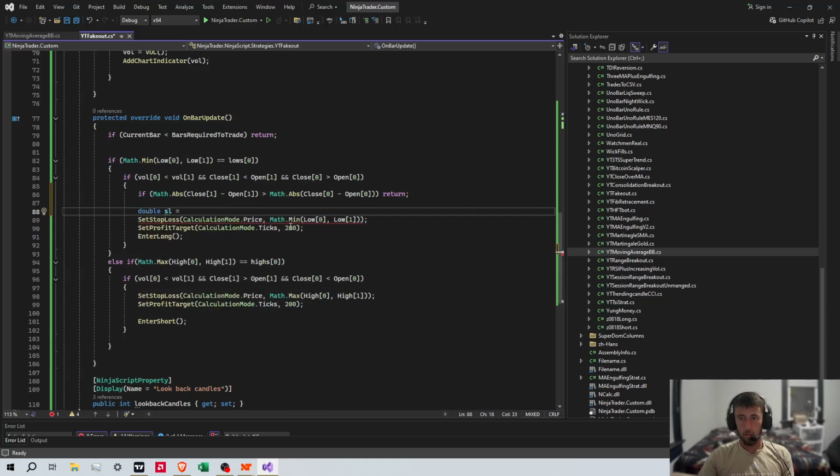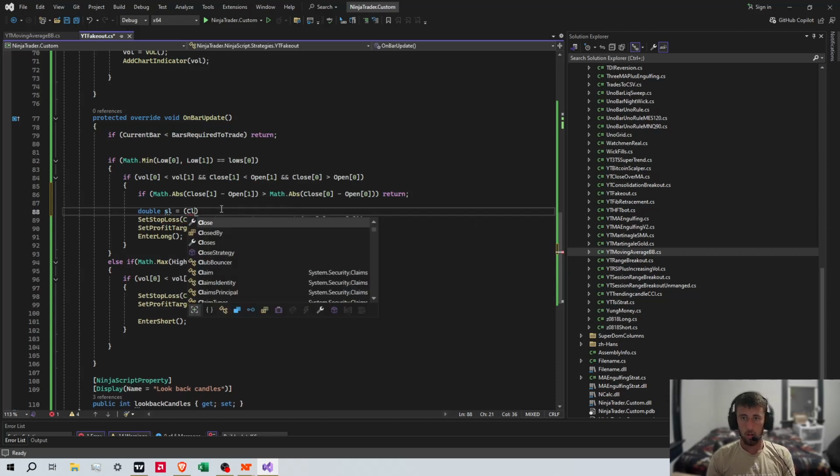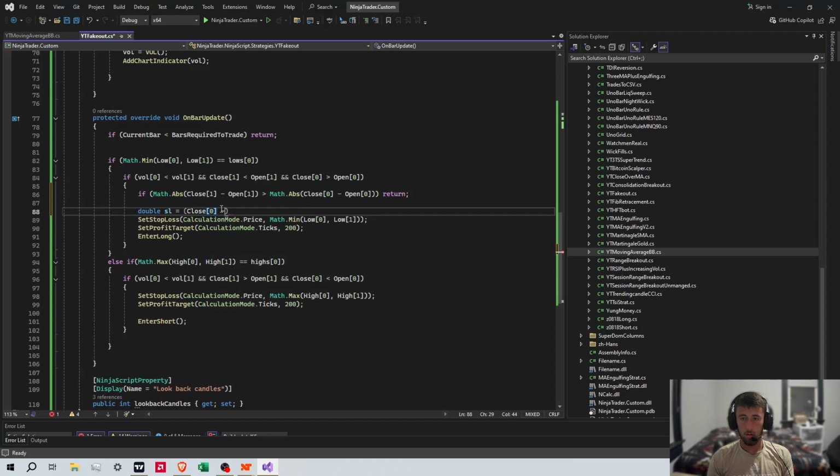It's going to equal close zero, basically the most recent price, minus the min of that, right, minus the low. So right now this is giving us the distance from the most recent price to where our stop loss would be.